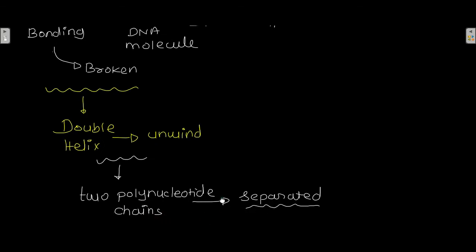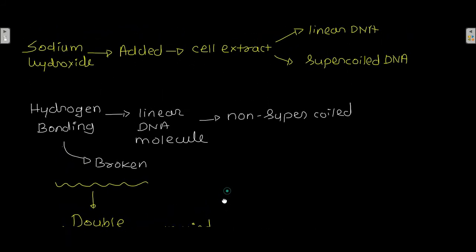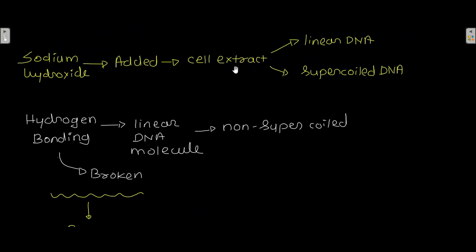In your cell extract you have linear DNA and you have supercoiled DNA. That supercoiled DNA is your plasmid DNA. The non-supercoiled or linear DNA is your bacterial DNA, and you have to separate the bacterial DNA from the plasmid DNA.